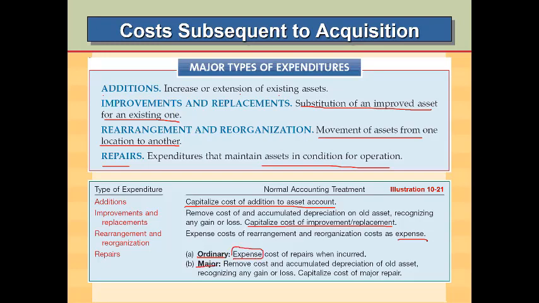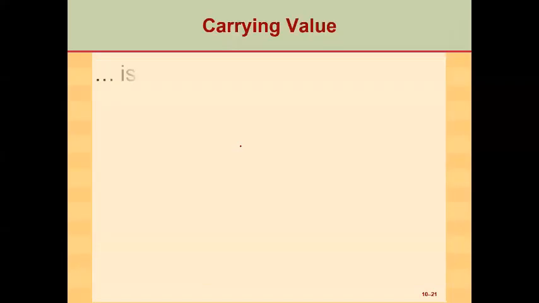If it is a major repair, like what we said, that we are going to replace the engine of the car, then actually we have to remove cost and accumulated depreciation of the old asset, recognize any gain or loss, and capitalize the cost of major repair. The carrying value.